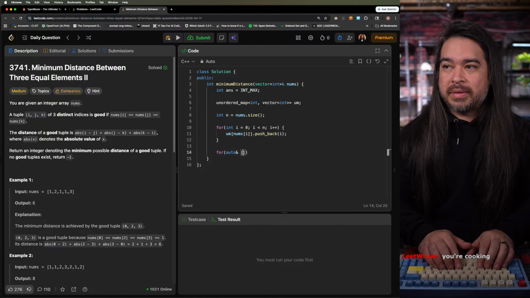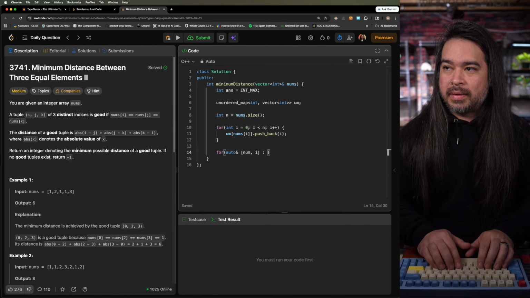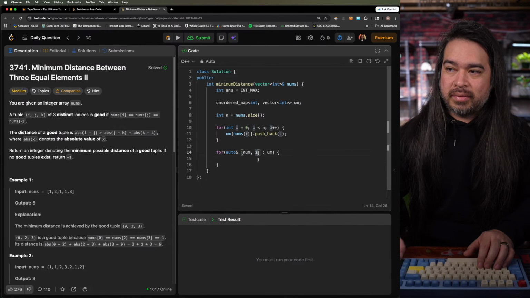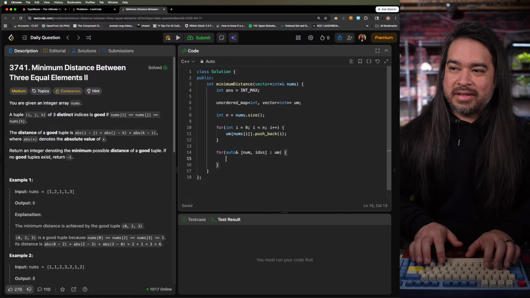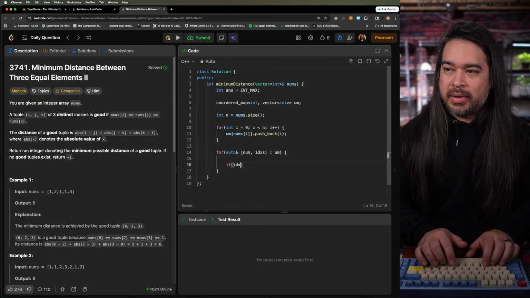So what's in this map? It's the number and it's the index. Actually, it's not the index. It's the indices. Indexes. Right?